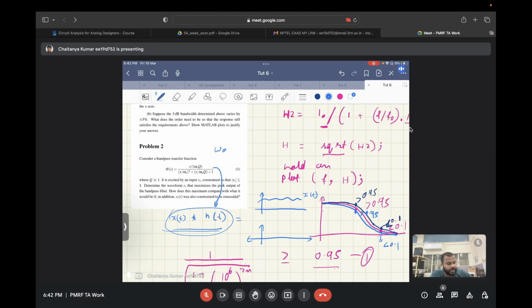I can tell you that the answer is a square wave of frequency omega naught, a square wave without any DC signal. There is no DC signal in it. It's just a square wave with frequency omega naught. This will give you the maximum.